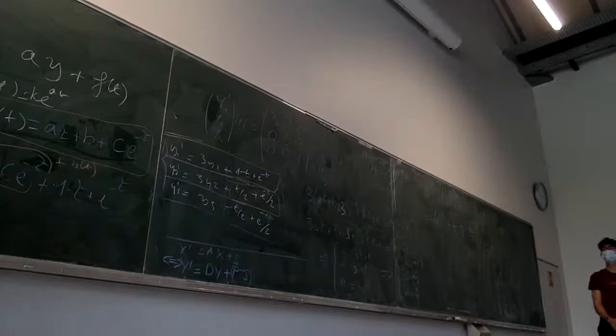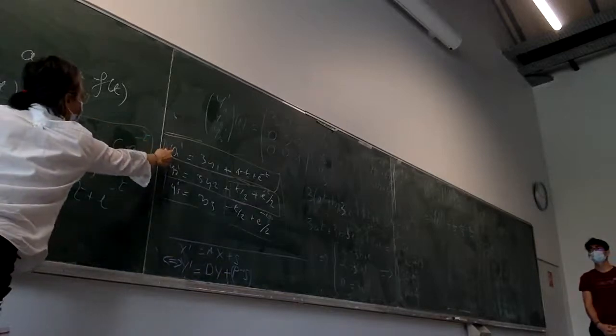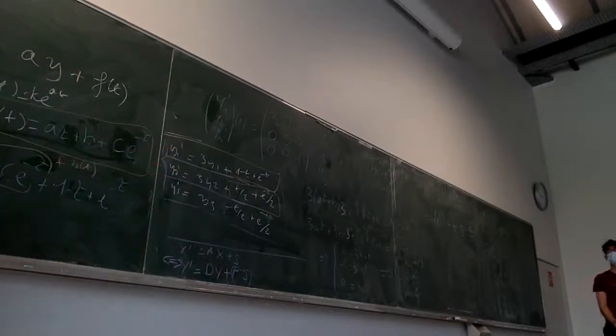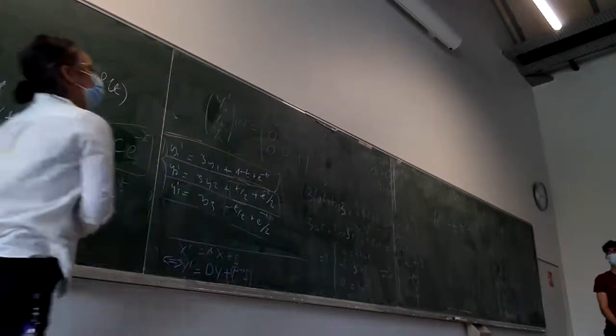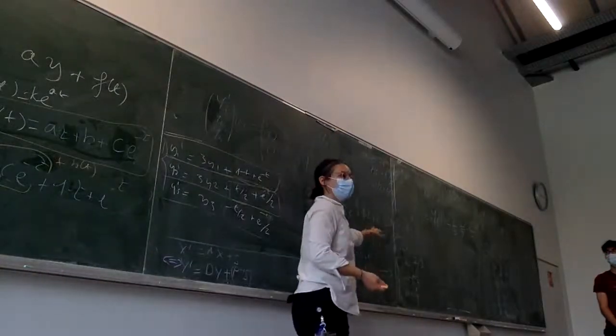And here, that's the left-hand side of the equation. If this is my particular solution, then its derivative is going to be this one. And so this has to be equal to that one. They're both equal.